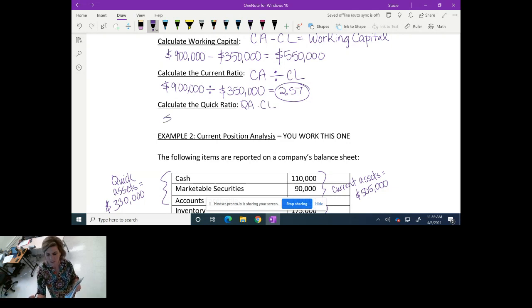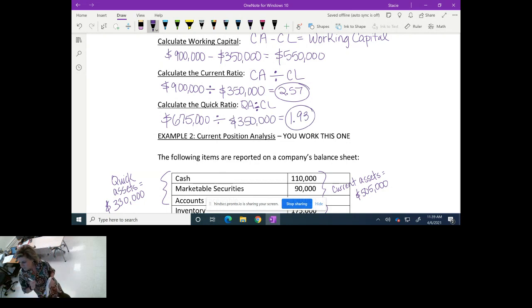We've got 675 divided by 350. Sorry about that, I'm having to make the little thingy big enough for y'all to see. And that gives you 1.93, unless y'all tell me I'm wrong. That's right. That makes sense?